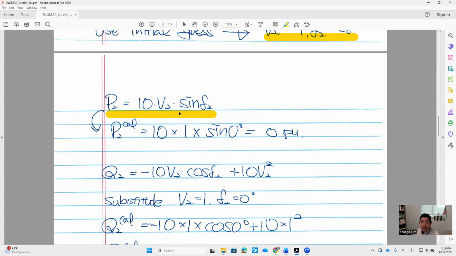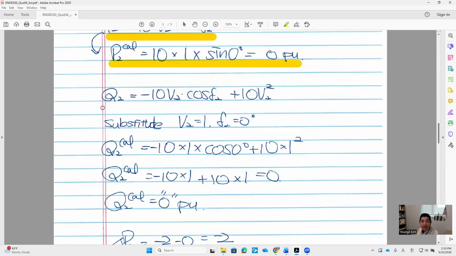So P sub 2 here, 10 times V sub 2 sine delta sub 2. That is what we have already found, the simplified equation at bus 2. Just plug in the V sub 2 1, the delta 2 is 0, 0 per unit. So how about the Q?